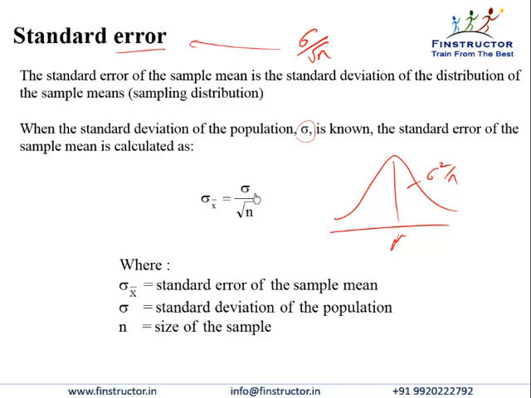If sigma is not known, that is, if the population standard deviation is not known, then as an approximation, we can estimate the standard error to be equal to s by root n, where s is the sample standard deviation. So preferably we want the population standard deviation. If that is not known, however, then we will use the sample standard deviation as a proxy for the population standard deviation.